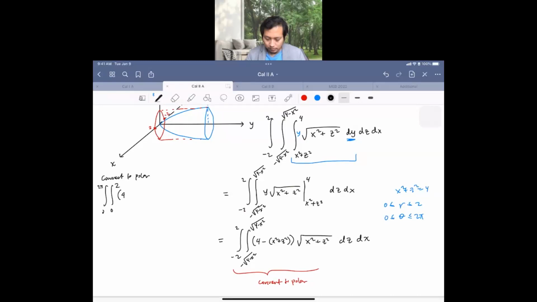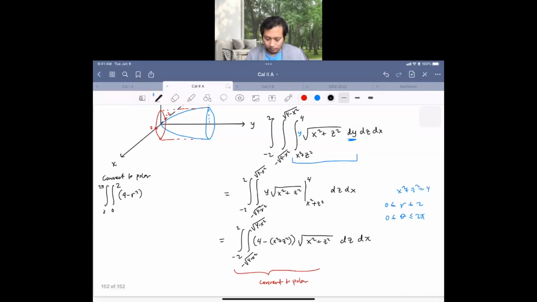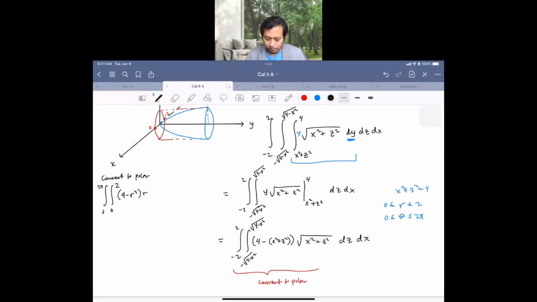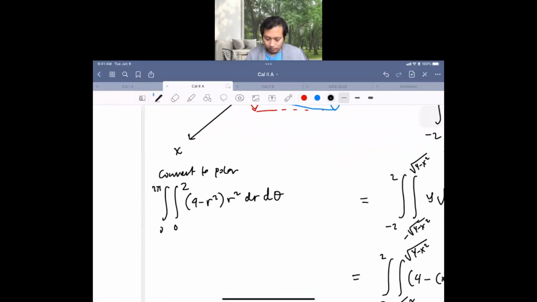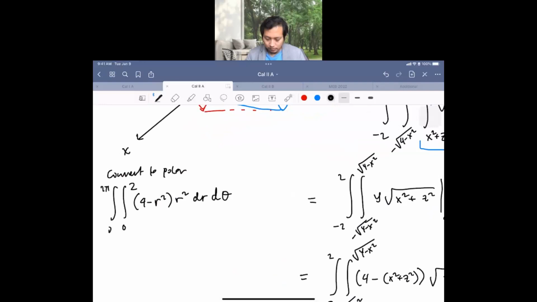This one is 4 minus r squared. And the square root of x squared plus z squared is r, right? It's r. And don't forget to multiply by another r, dr d theta. And I think this is pretty much easier, right?